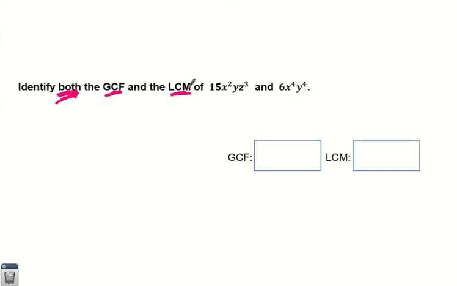And going into the test, you absolutely need to understand the difference between the word factor and the word multiple. But here's basically what you do to answer these questions.